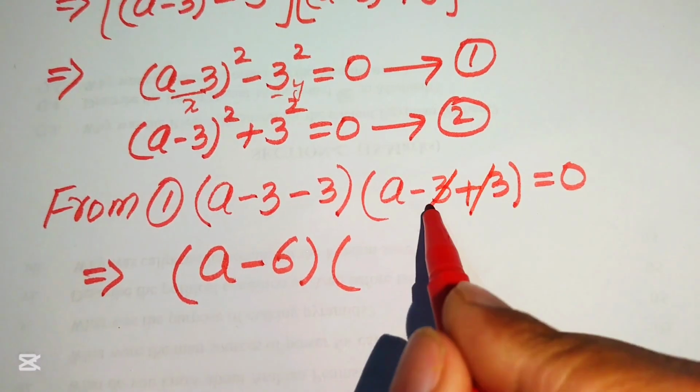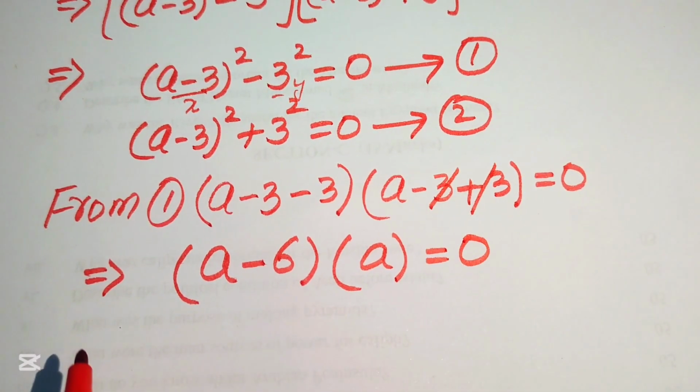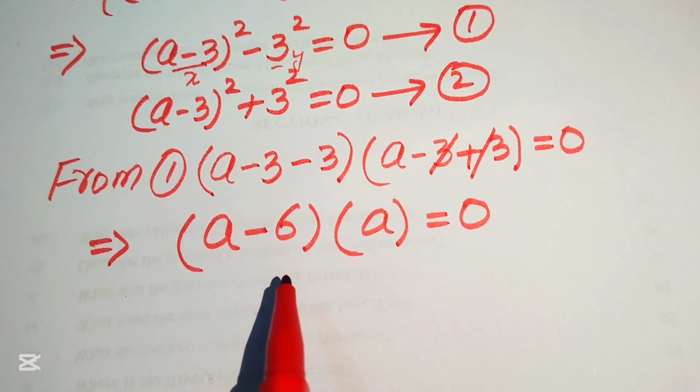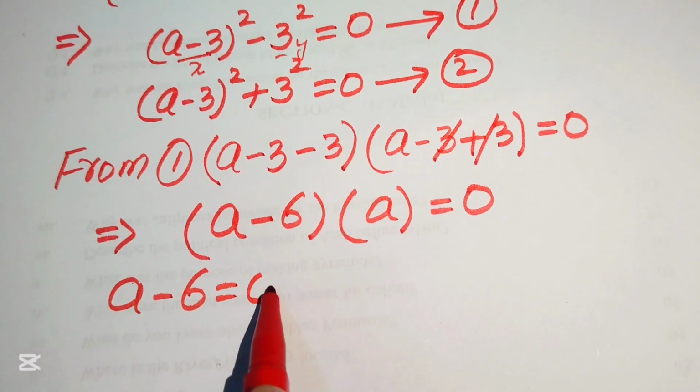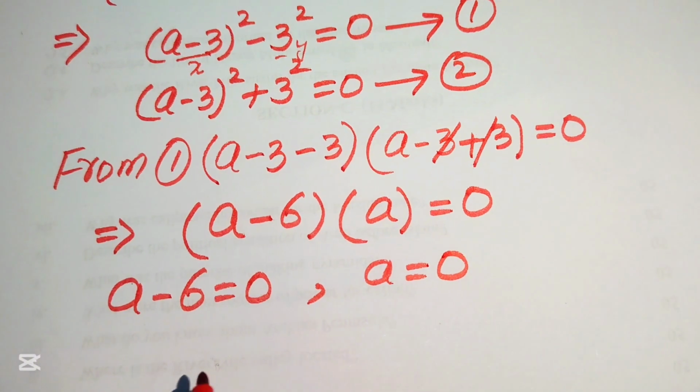Here you see that 3 and 3 cancel each other, and we get a. So we break this into two cases: a - 6 = 0, and the other factor, a = 0.